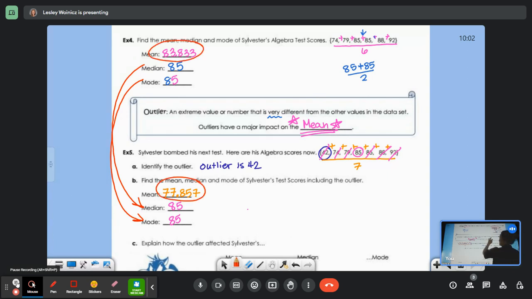So when we say that the outliers have a big impact on the mean, that's what we mean. When he had that one bad test, it destroyed his average. Okay, some of you are thinking right now how much easier life would be if your teachers used your mode or your median to make your grade instead of the mean, but they don't. Sorry.